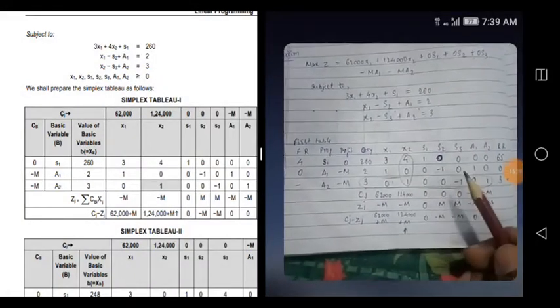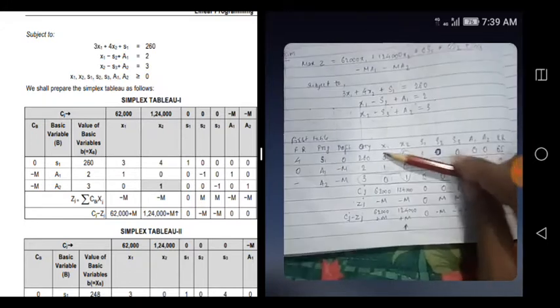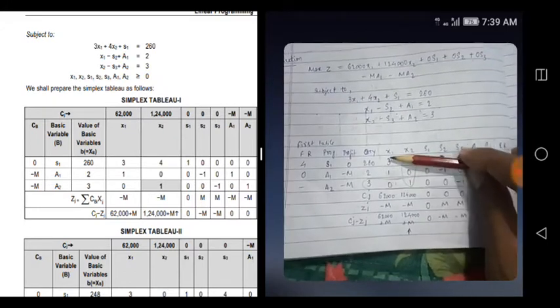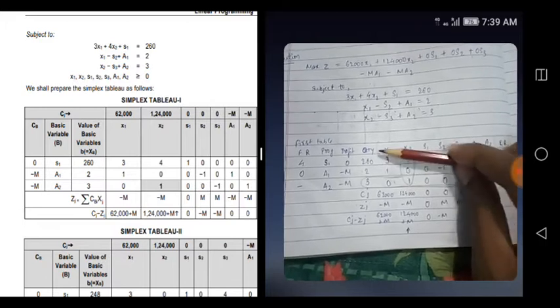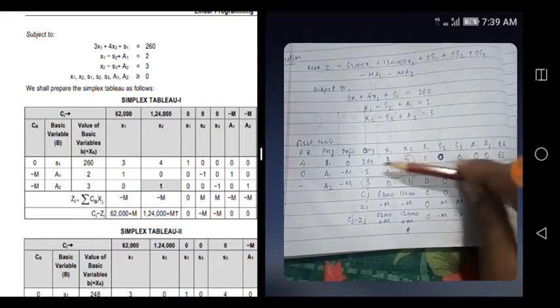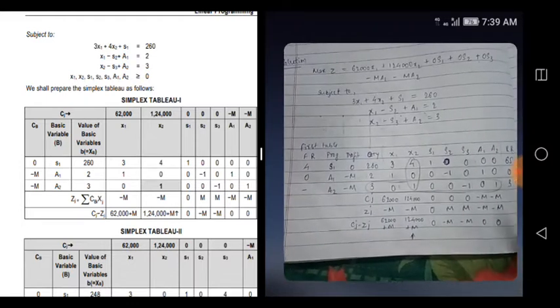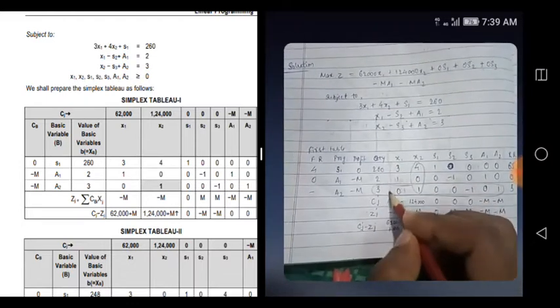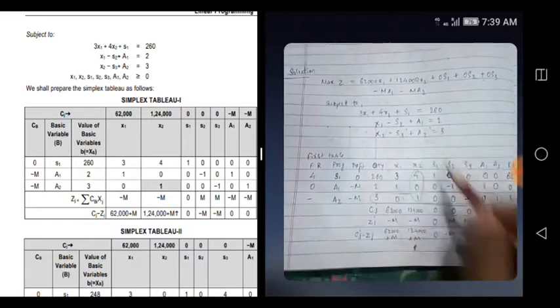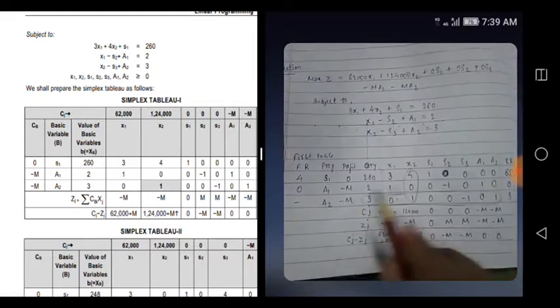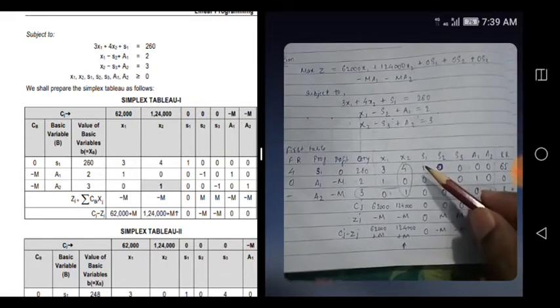So for all the 3 constraints we have written the coefficients, from here till here. Now next thing what we have to do, we have to see which one is forming unit matrix.